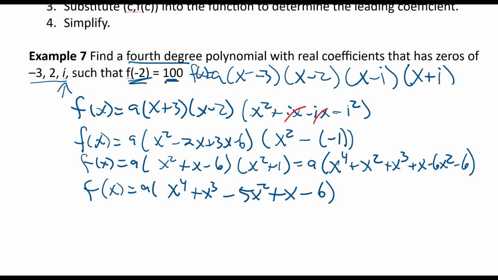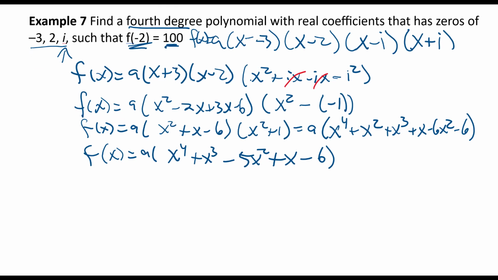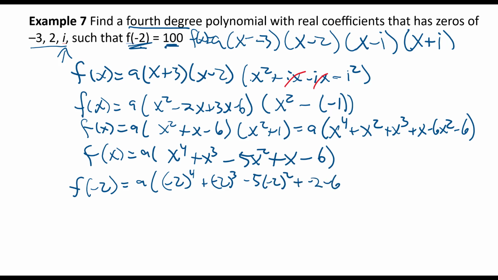So now we also know that f of negative 2 is 100. And by the way, we could have plugged this in earlier. Maybe it would have been easier, maybe not. I don't think it would have been with the complex numbers there. So I wanted to do it this way. f of negative 2 is a times negative 2 to the 4th power plus negative 2 cubed minus 5 times negative 2 squared plus negative 2 minus 6.